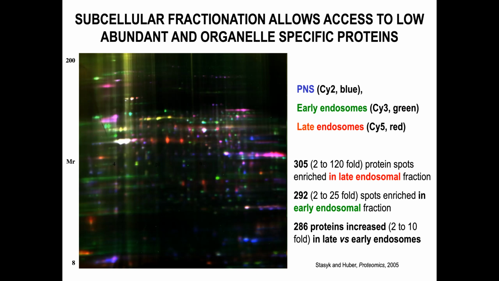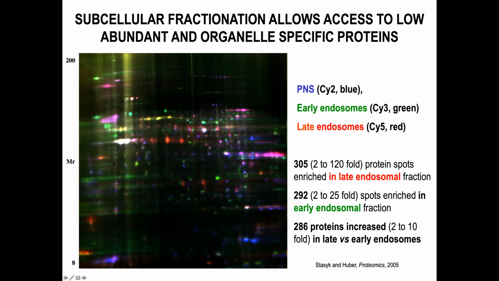So in this experiment, what we did is we labeled the post-nuclear supernatant with a Cy dye, which is called Cy2, which is in blue. The early endosomes after the purification, we labeled with a different Cy dye, with Cy3, and that's green. And with Cy5 in red, we labeled the late endosomes. Then we mixed those fractions and separated them in 2 dimensions in these gels.